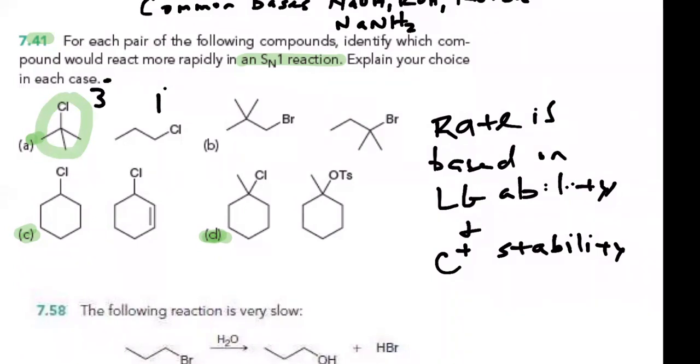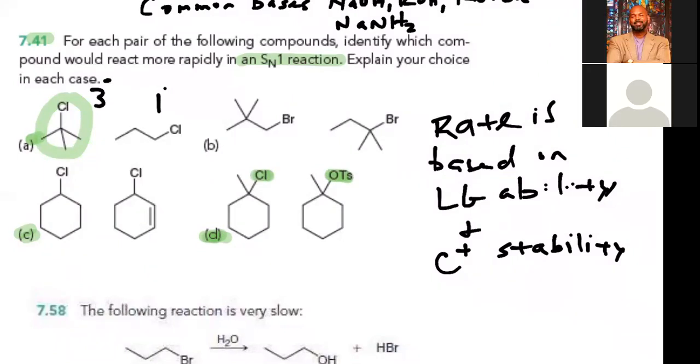All right. What about D? What are we comparing in that case? Because both of those substrates are tertiary. The leaving groups, right? You got a chlorine on one, you got a tosylate on one.